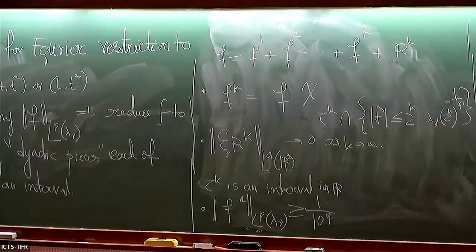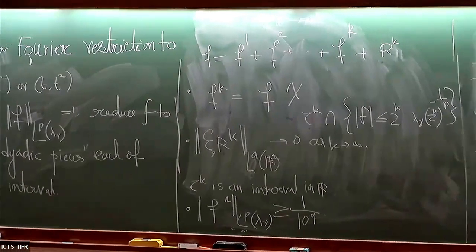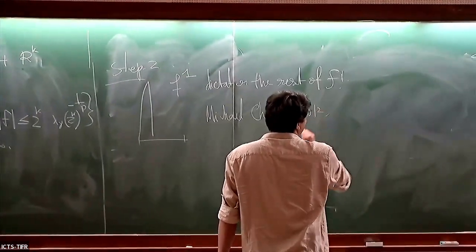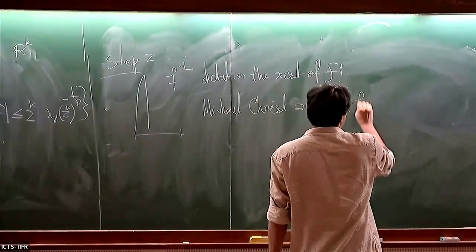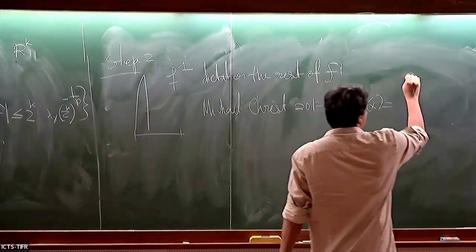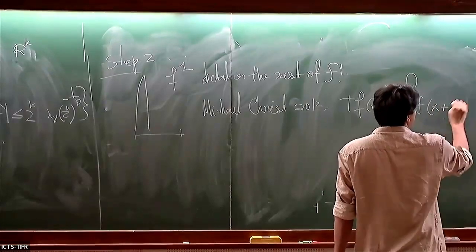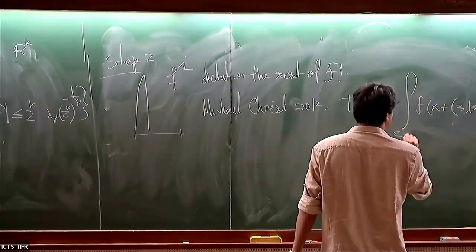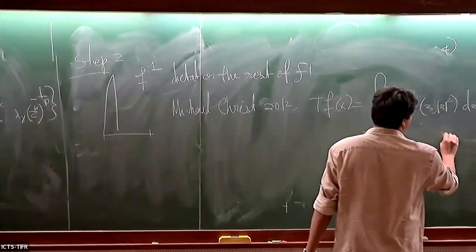Okay. And this idea that one of these pieces will dictate the rest of the function was introduced by Michael Christ, when we were dealing with extremizers in 2012, I think, when he was working with the paraboloid, averaging over the paraboloid. So T f of x is the integral of f of x plus zeta, with the square of zeta, d zeta, where zeta is in R^d and x is in R^(d+1).